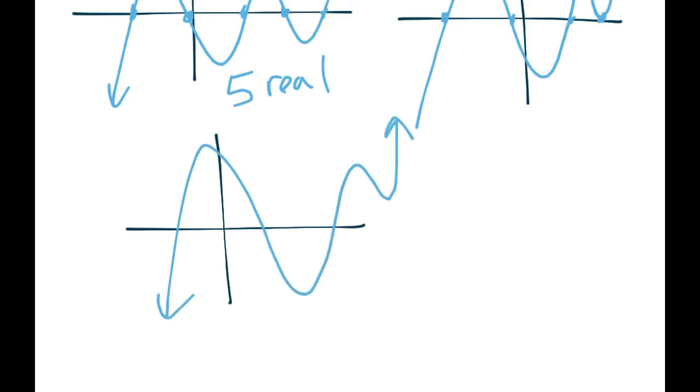Oh, if I draw this so it only hits 3 times, now it's got 3 real and 2 complex. Please remember that we talked about complex roots always come in pairs. You can never have one complex solution to a polynomial. You can only have 2, 4, 6, 8, and so on.